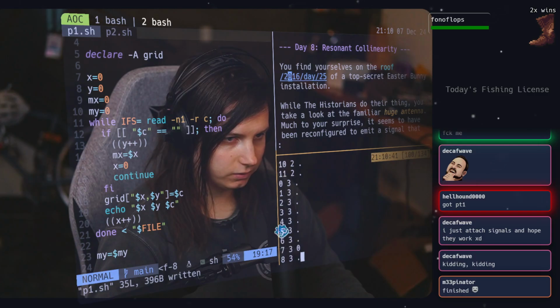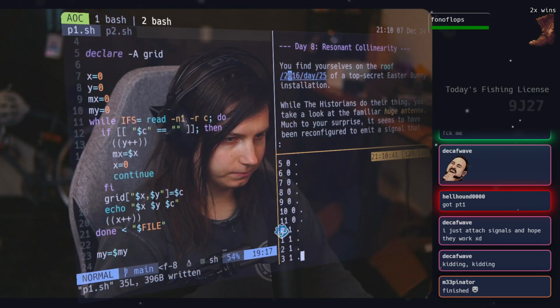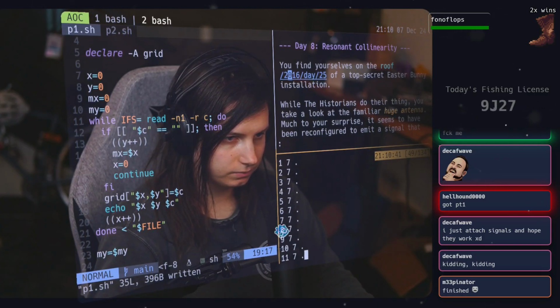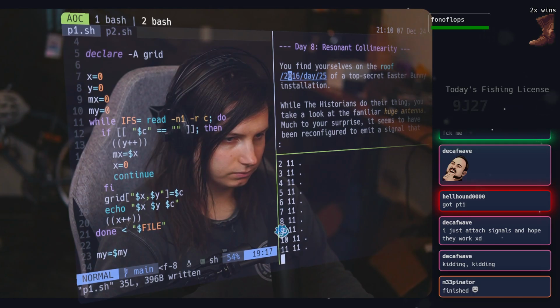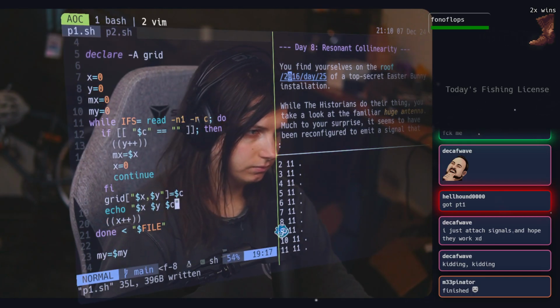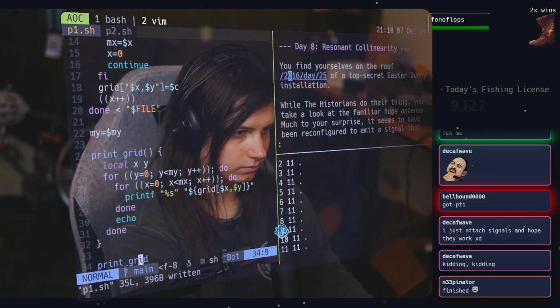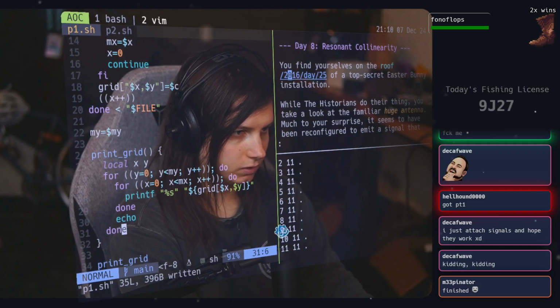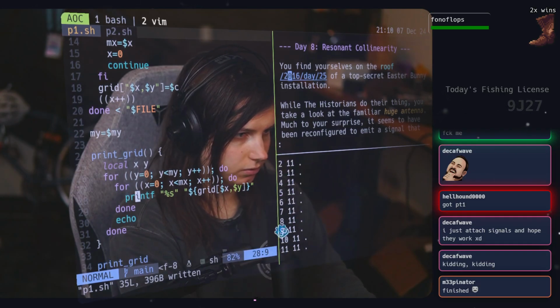Looks like it's loading the grid properly. It's just my printing function doesn't work so good.